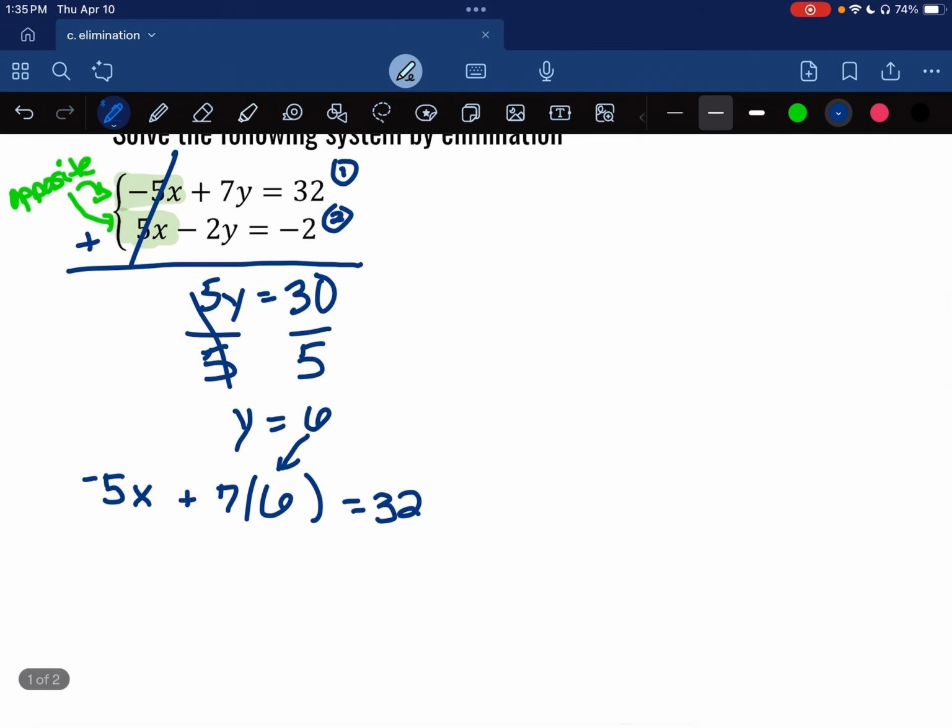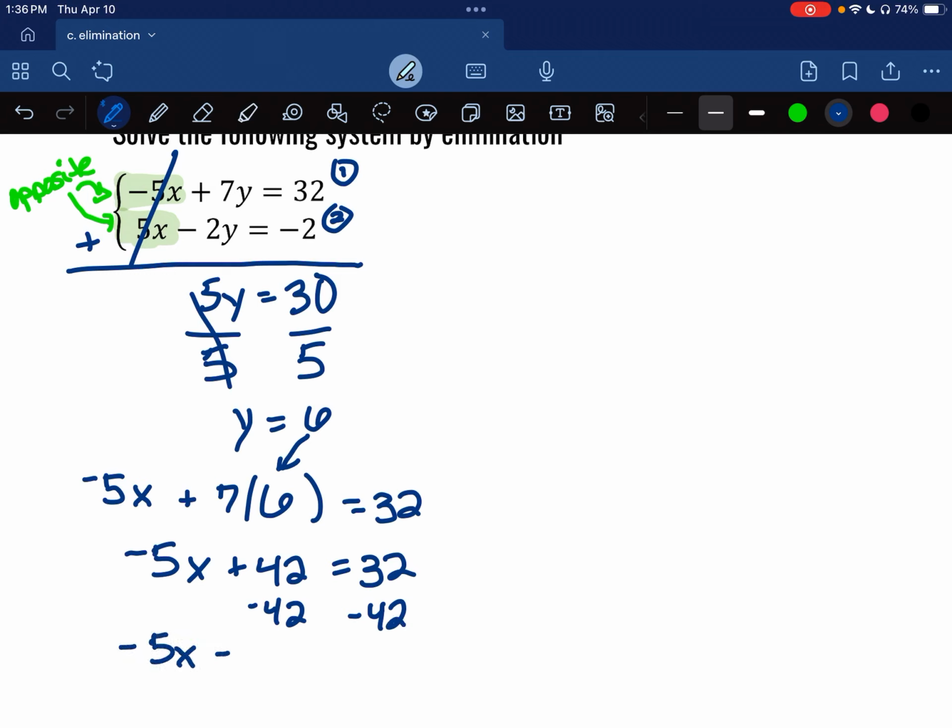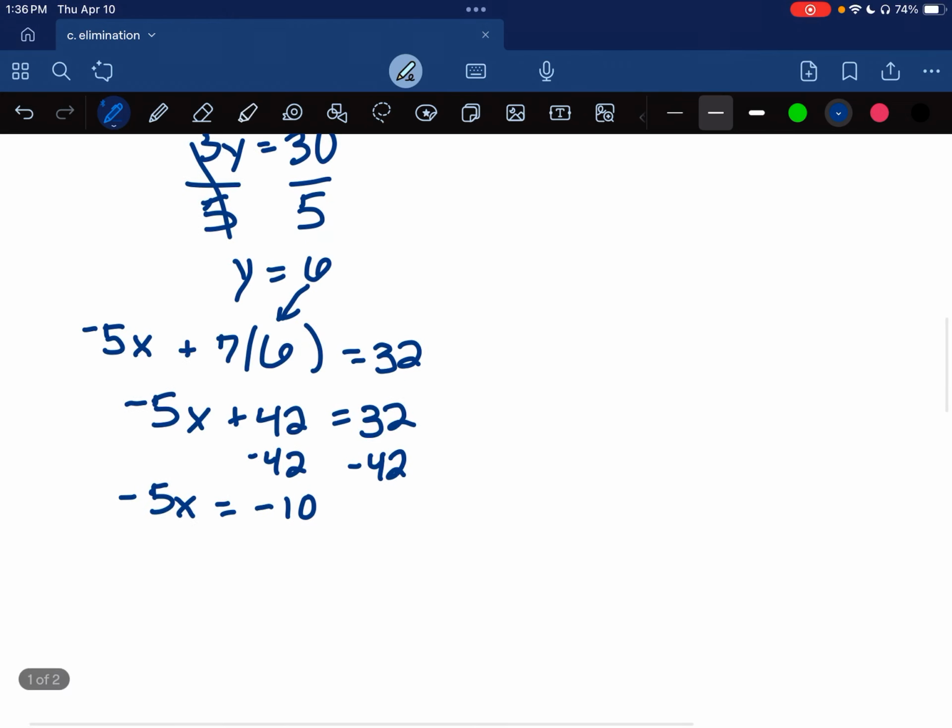So negative 5x plus 42 equals 32. I'm going to subtract 42 from both sides. We're going to have negative 5x equal to negative 10. Divide both sides by negative 5.